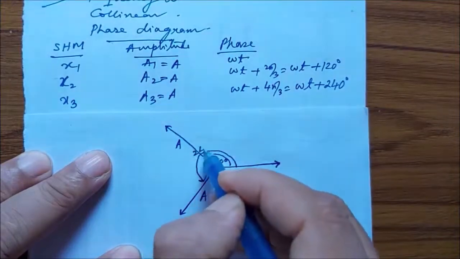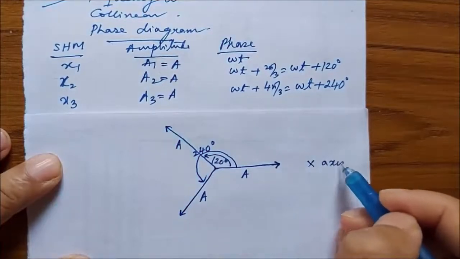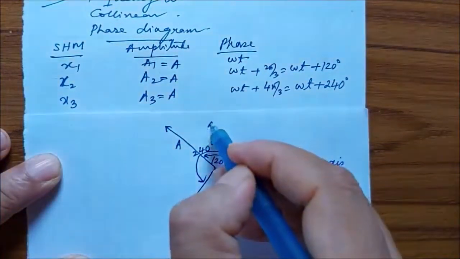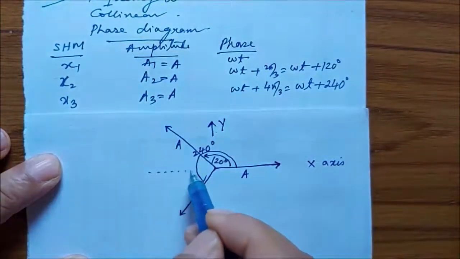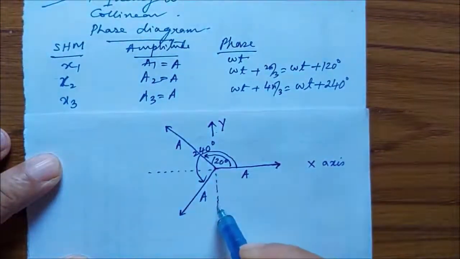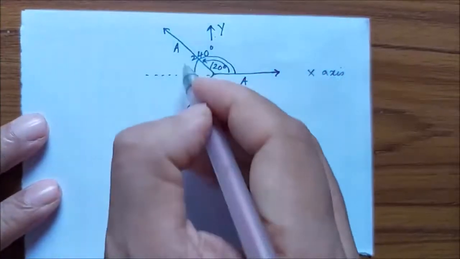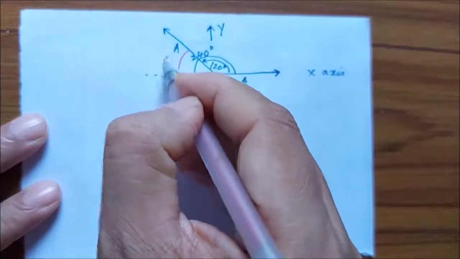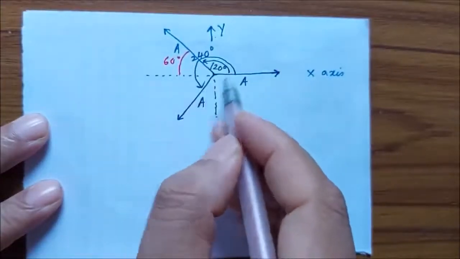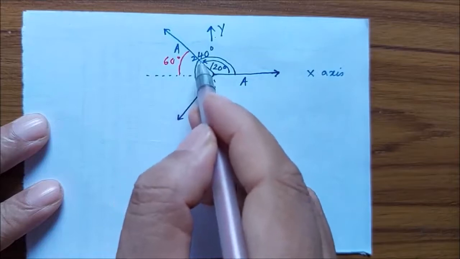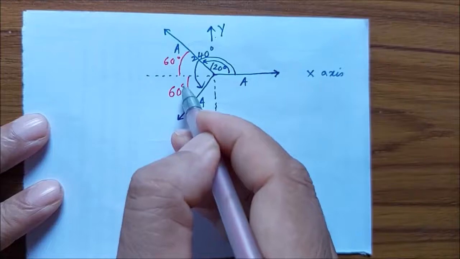Now let this be the x-axis, and this is the y-axis. This is negative x-axis, this is negative y-axis. Now this is 120, so clearly this is 60 degrees, and this is 240, and this is 180. So 240 minus 180 is 60, so this is 60 degrees.